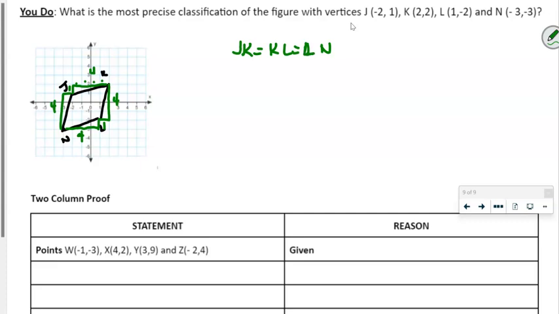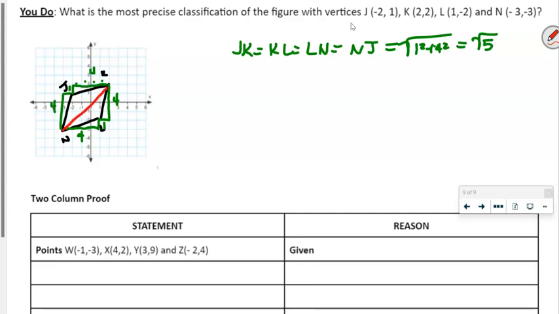That's supposed to be an L, y'all. LN, which is equal to NJ. And all of those are equal to the square root of 1 squared plus 4 squared, right? So isn't that going to be the square root of 5? Indeed. That's enough to prove this is a rhombus, right? What is the one other thing we could have done to prove it was a rhombus?